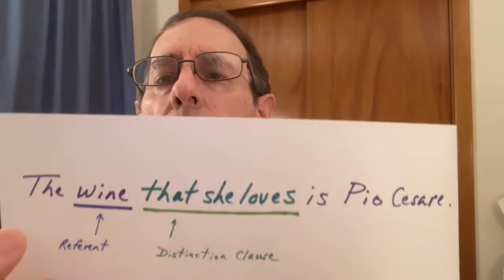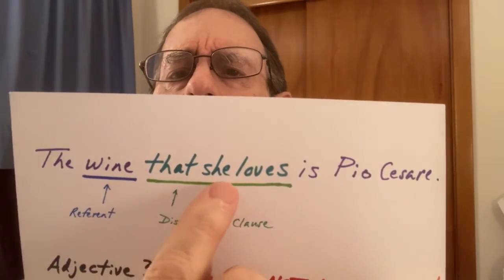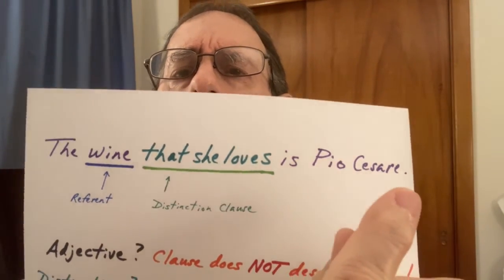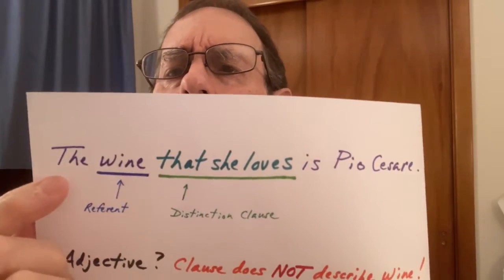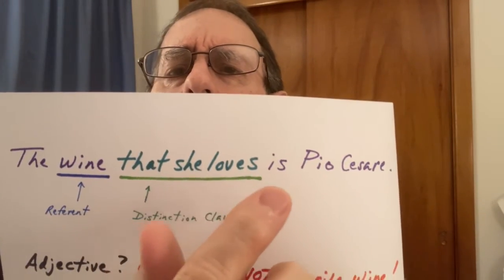But let me give you this sample sentence here. The wine that she loves is Pio Cesare. That's an actual real wine company. They make excellent wine, probably some of the best wine in all of Italy. Pio Cesare. Okay, so the wine that she loves is Pio Cesare, the Pio Cesare brand.